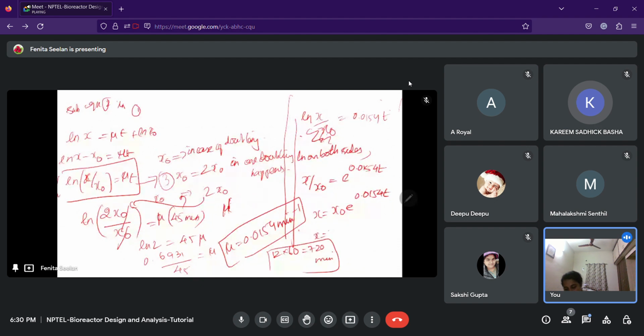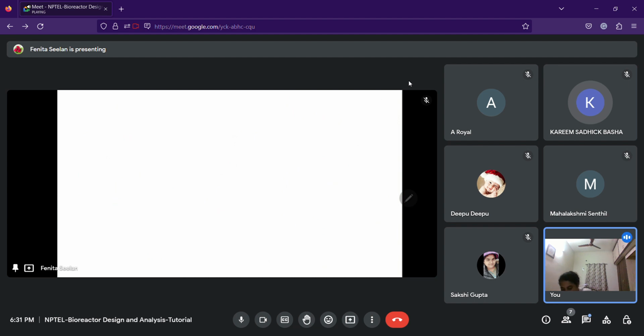So x is equal to x naught e power of 0.0154 into 720. If we do that, X is equal to x naught into 6.5 into 10 to the power of 4.